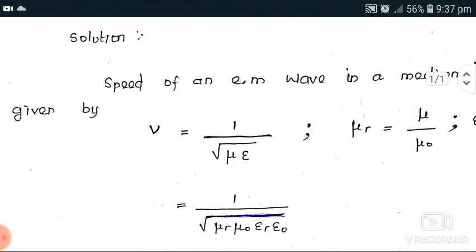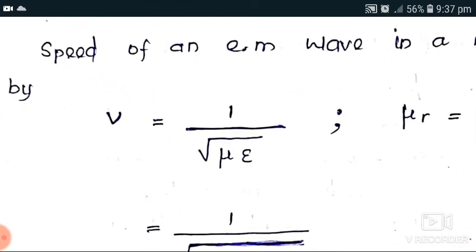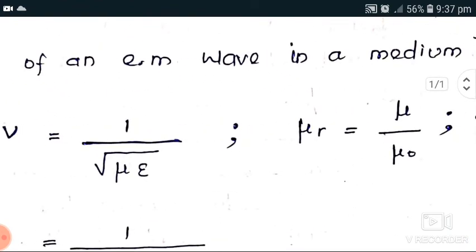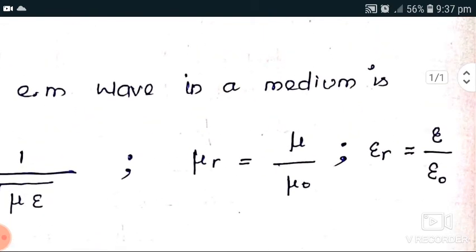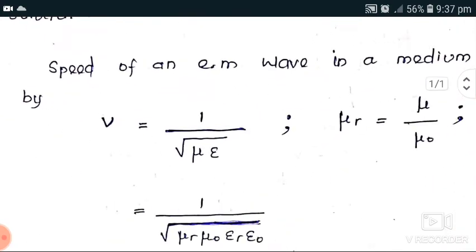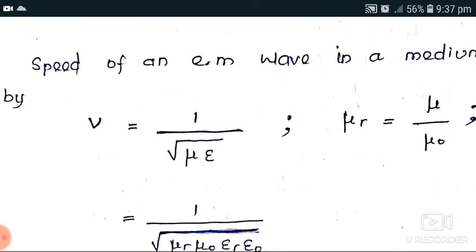Mu r is equal to mu divided by mu naught, and epsilon r is equal to epsilon by epsilon naught. I already explained clearly what relative permeability and relative permittivity are.